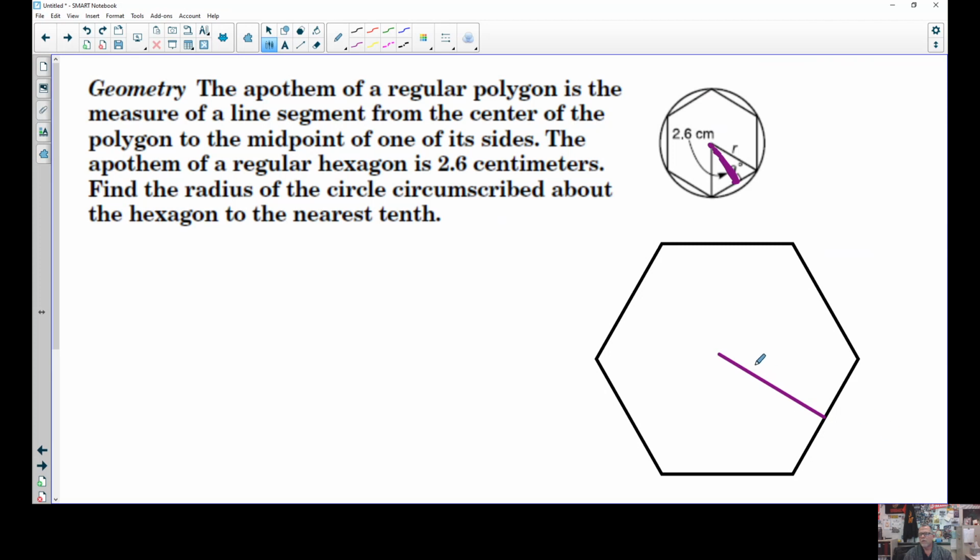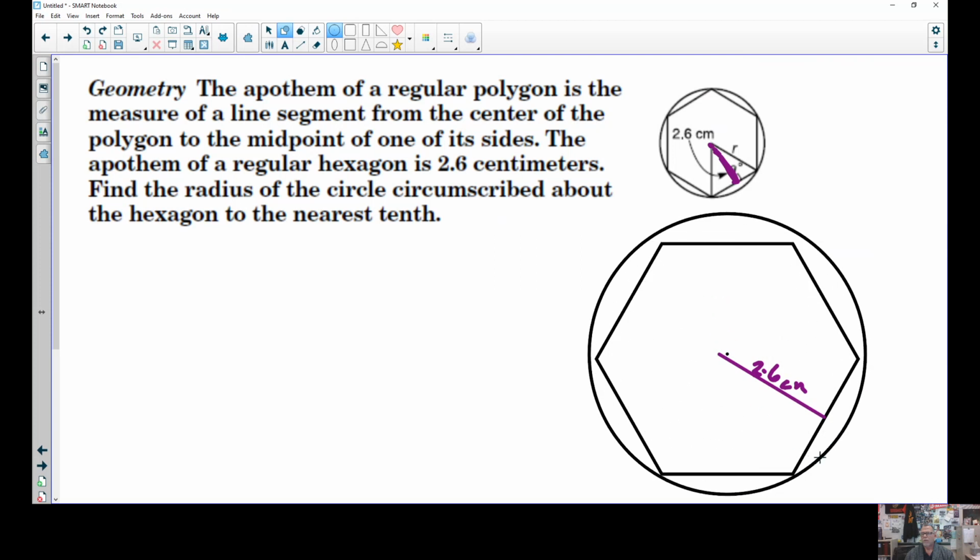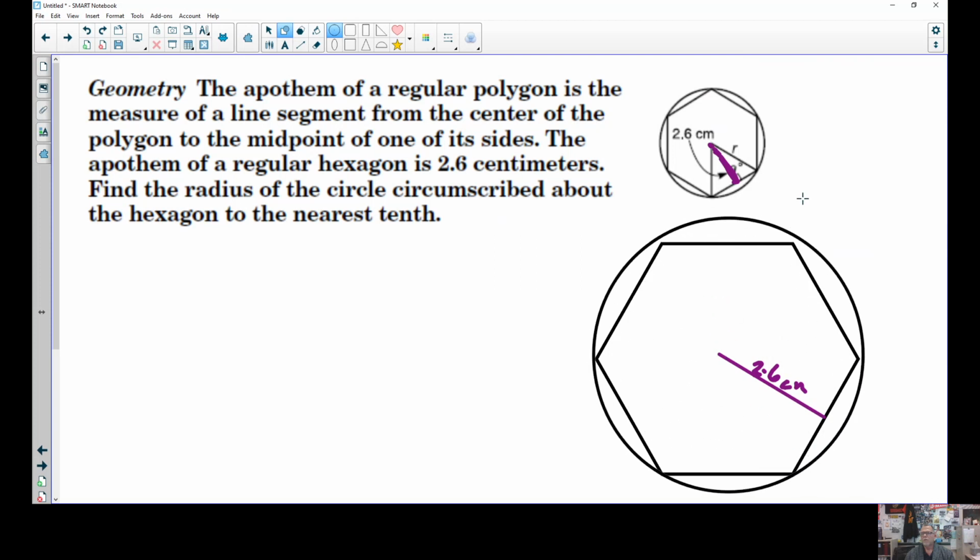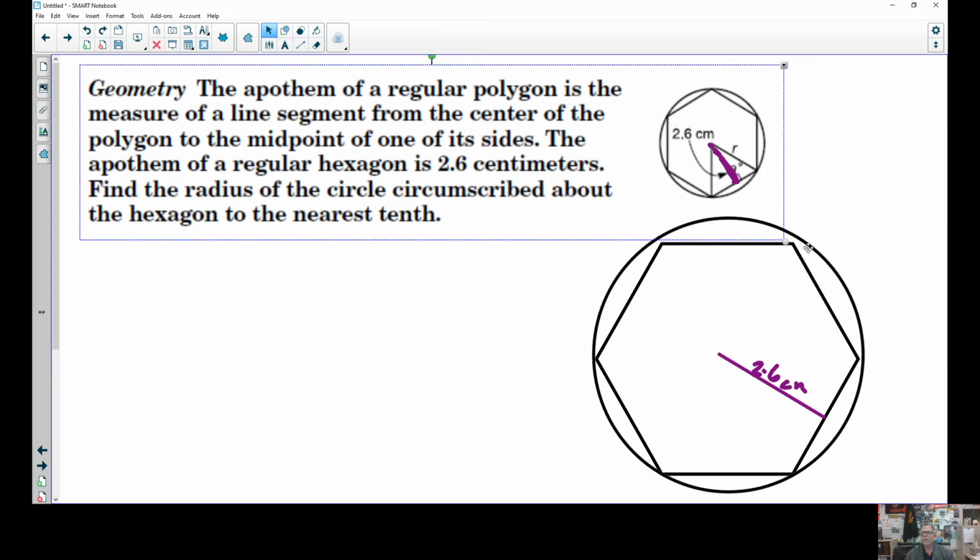So I know this is 2.6 centimeters, right? And they want the radius of the circle circumscribed about this. So let me do a circle centered about here. Oh, that looks pretty close. Go here, there.